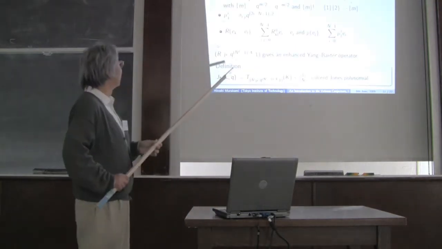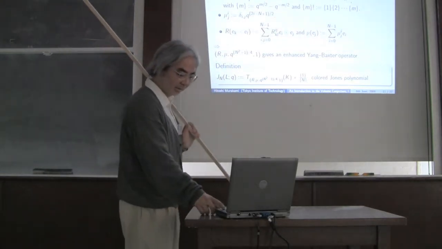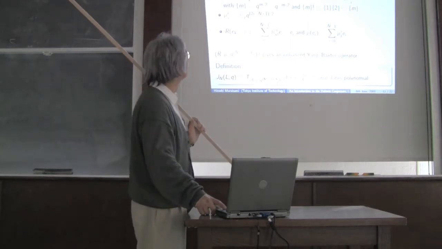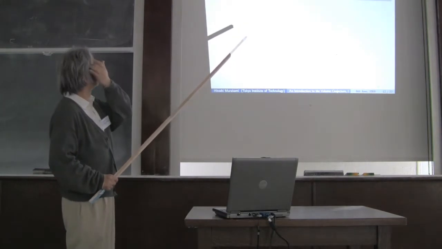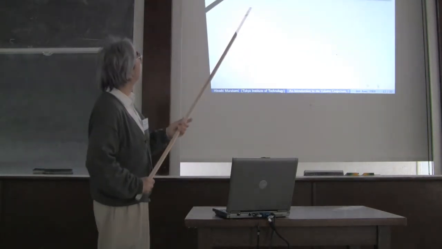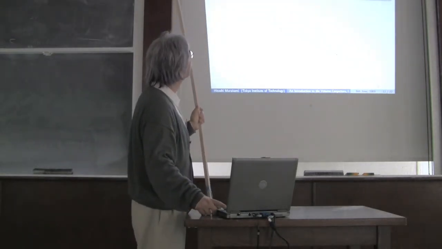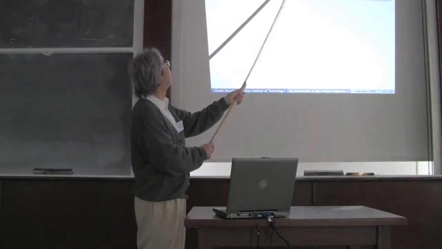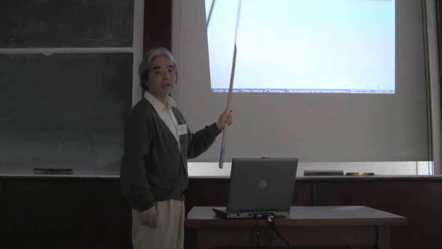So now we know how the colored Jones polynomial is defined. So we go to the volume conjecture. The volume conjecture was first proposed by Kashaev in terms of his own invariant. But it turns out that his invariant is this specialization, the Jones polynomial evaluated at the n-th root of unity.